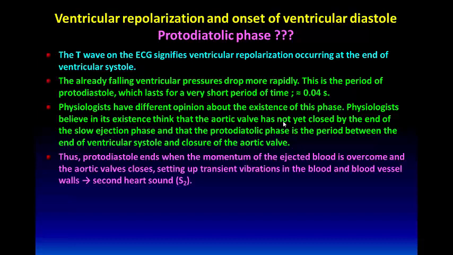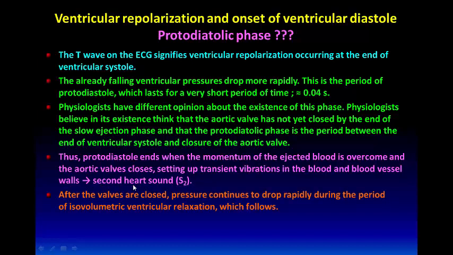Thus, protodiastole ends when the momentum of the ejected blood is overcome and the cusps of the aortic valve close. When this happens, it sets up transient vibrations in the blood and blood vessel walls, resulting in the generation of S2, the second heart sound.